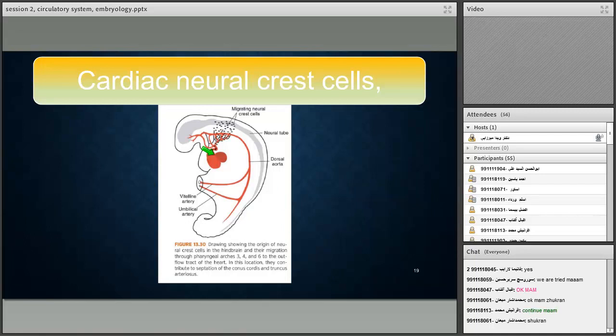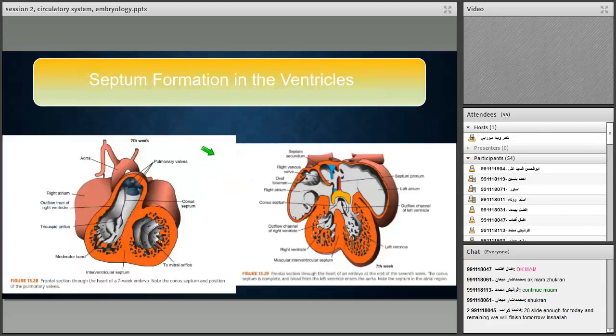Some heart defects may happen. So the neural crest cells have an important role in the formation of the septum in the truncus arteriosus and conus cordis. And this is also one of the reasons for the transposition of the great vessels.